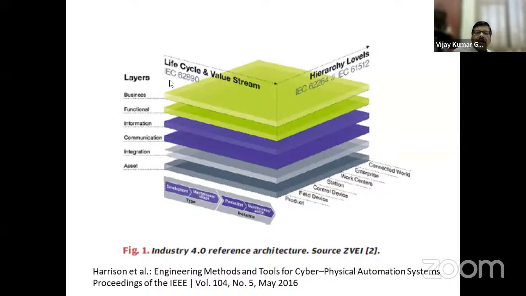Then for life cycle and value stream there is the IEC 62890 standard, and for hierarchy level there are standards like 62264 and 61512. In the hierarchy levels we have the product, field devices, control devices, stations, work centers, enterprise, and connected world.